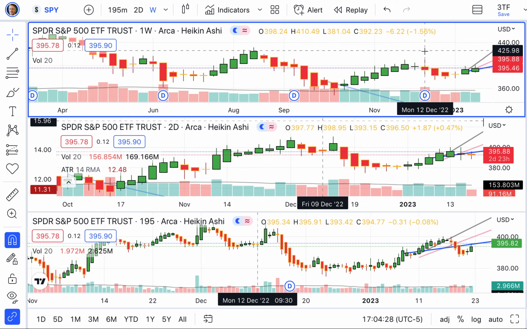And invariably, as you wait for the indicator verified support to come in, you've already missed the movement.